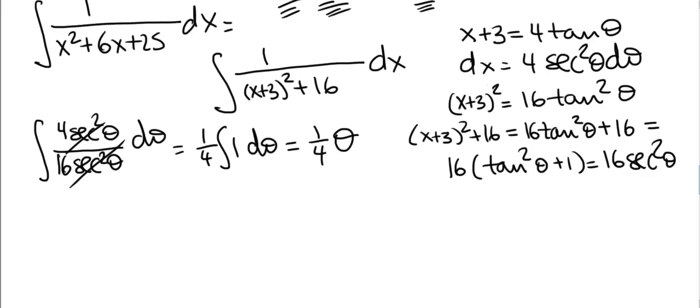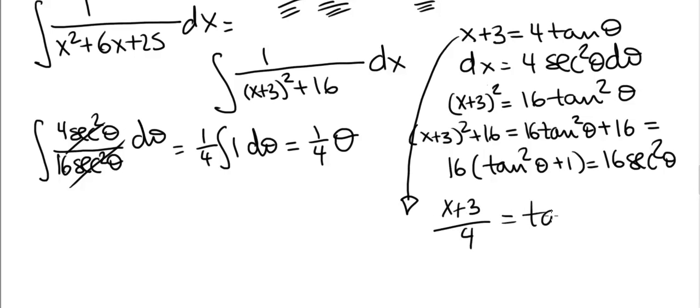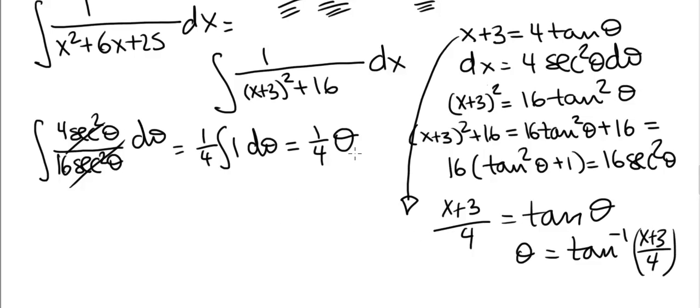Well, from this substitution, we have (x plus 3) divided by 4 equal to tan theta. Therefore, theta is inverse tangent of (x plus 3) divided by 4. So this integral is 1/4 times inverse tangent of (x plus 3) divided by 4.